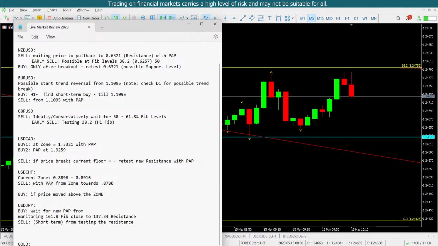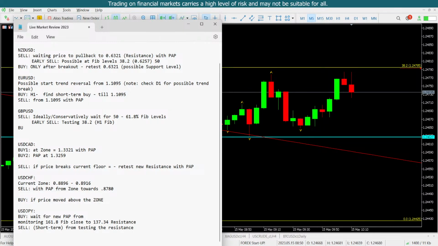Now, that could be an early sell, pero sayang ko, nag-move na siya. Anyway, right, buy, wait for price action pattern at the current floor, which is 1.2462, right? That's the current floor that I have. I'll show you in a bit saan nanggaling yan, no?